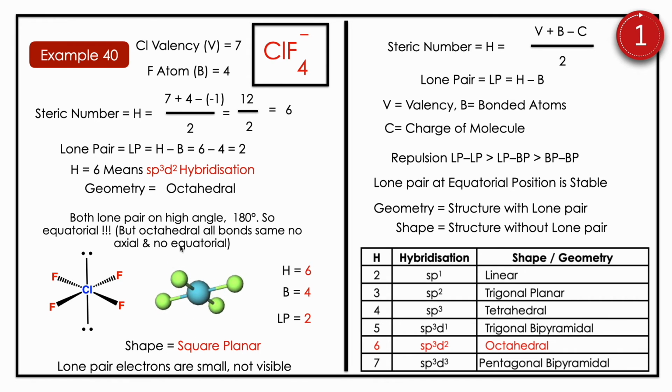So the expected geometry will be octahedral. In octahedral, all bonds are same. No axial, no equatorial. But you have two lone pair. Lone pair always will be on high angle. So it will be on axial, not equatorial. Shape will look like square planar since lone pair is not visible. So thus geometry of ClF4 minus is octahedral, but shape is square planar.